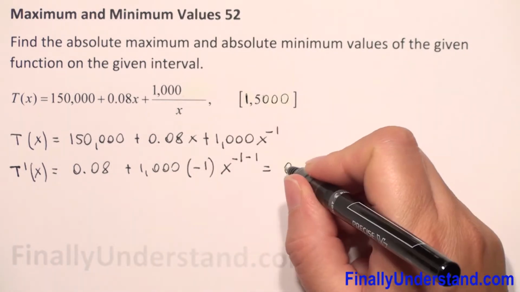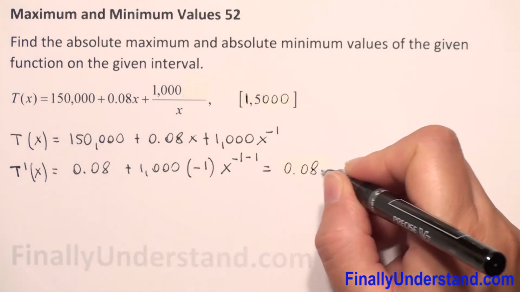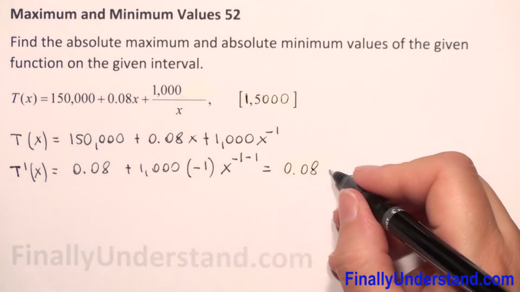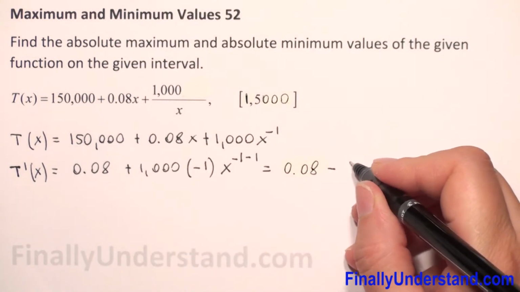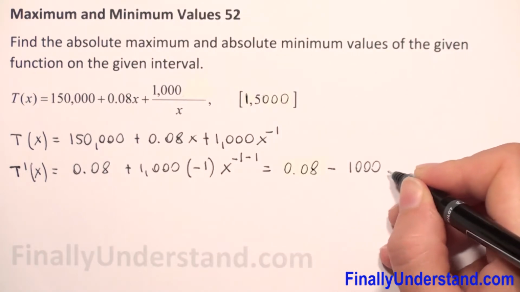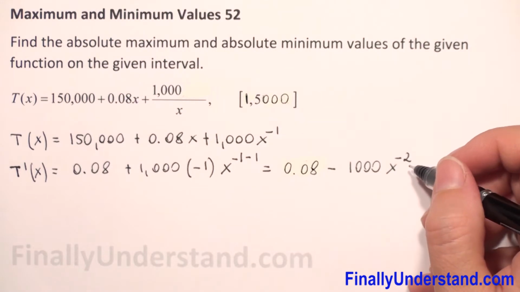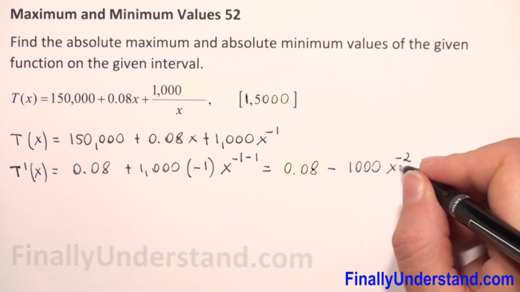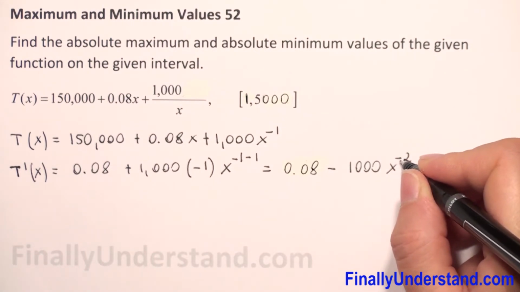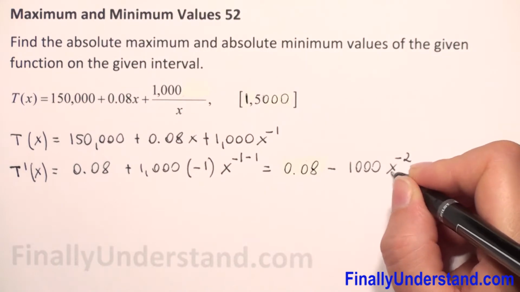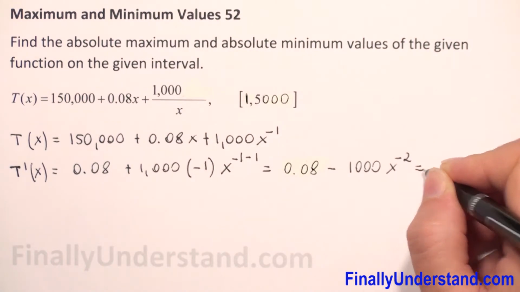So this is equal to 0.08, positive times negative gives me negative, so you have minus 1000 times x to the -2. We can rewrite this expression because we have a negative power, so it means this x is going to the denominator.